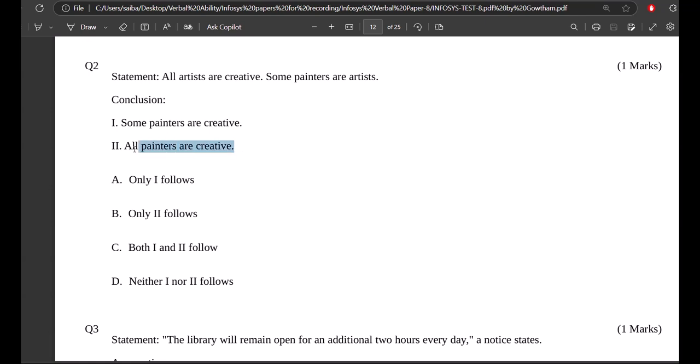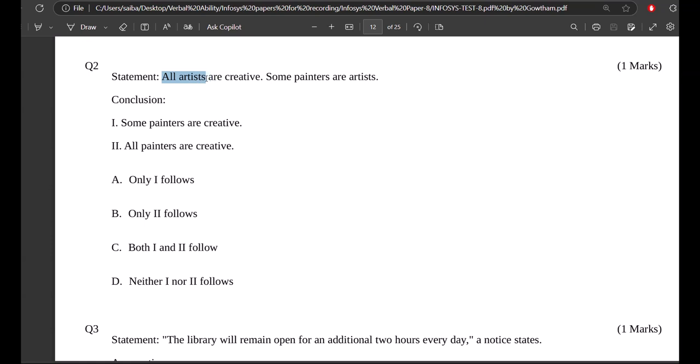And the second conclusion is all painters are creative. So from the above statements, we can clearly understand that some painters are also artists.